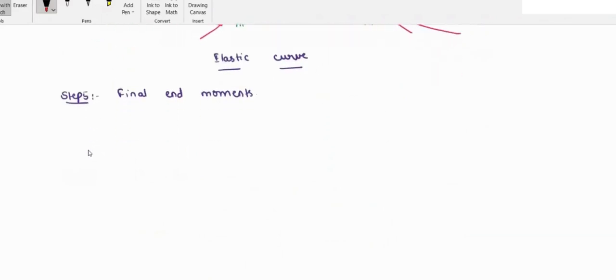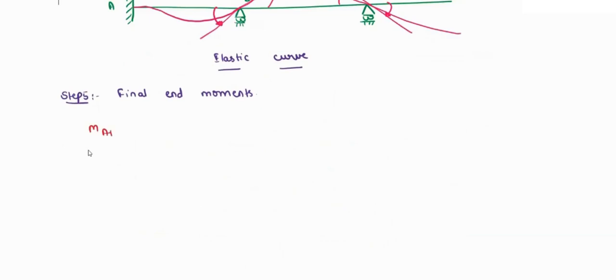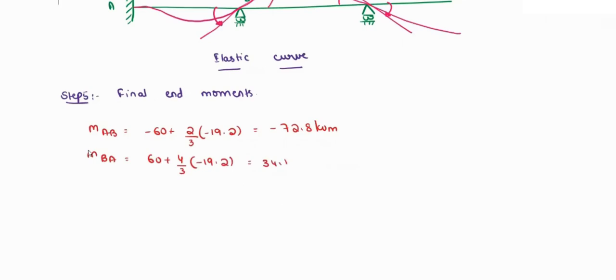So now our final end moments will be equal to, so MAB will be equal to minus 60 plus 2/3 into minus 19.2. So that is your theta B. So that will be equal to minus 72.8 kilonewton meter. Similarly, MBA will be equal to 60 plus 4/3 into minus 19.2. So that will be equal to 34.4 kilonewton meter.